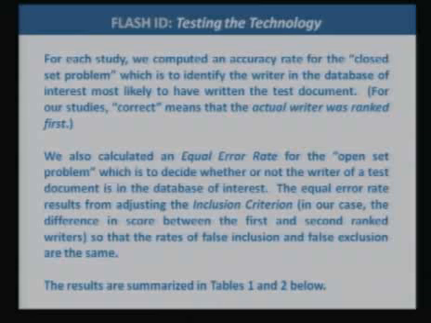We're going to look at error rates. The closed set error rate, for us, wrong is if the document's not ranked number 1. For open set testing, we need an inclusion criteria to decide, is the document in the database? Meaning, is the top-ranked document really a good candidate for writership? And our inclusion criteria is the difference in scores between the top-ranked and second-ranked candidates.